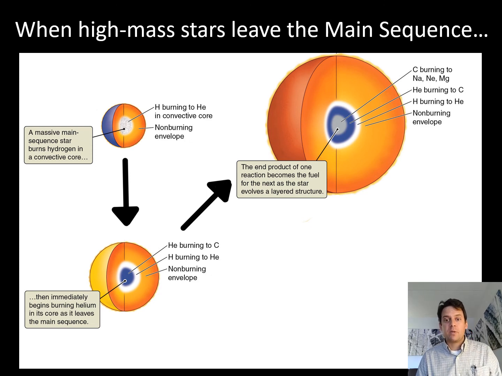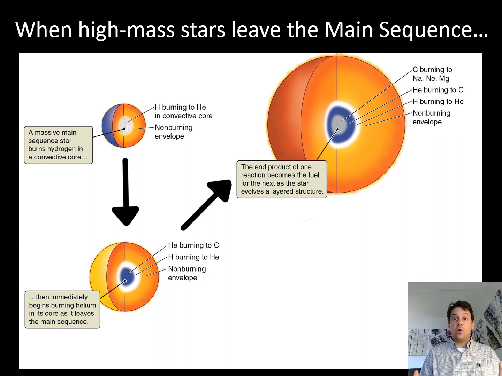So pay attention. At this stage, after we collapse the core a second time, we begin immediately fusing carbon to form a few different elements, most notably sodium, neon, and magnesium. And as you might imagine, there are different sets of nuclear reactions that produce those products. Fortunately for you, we will not go into details of what those reactions are.